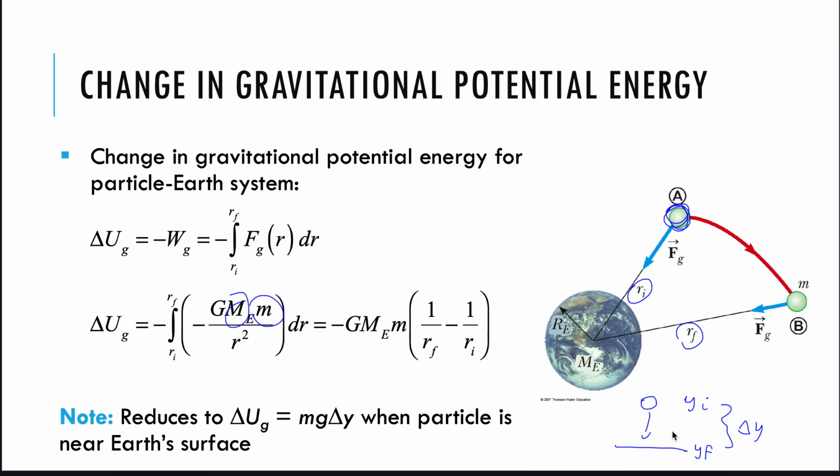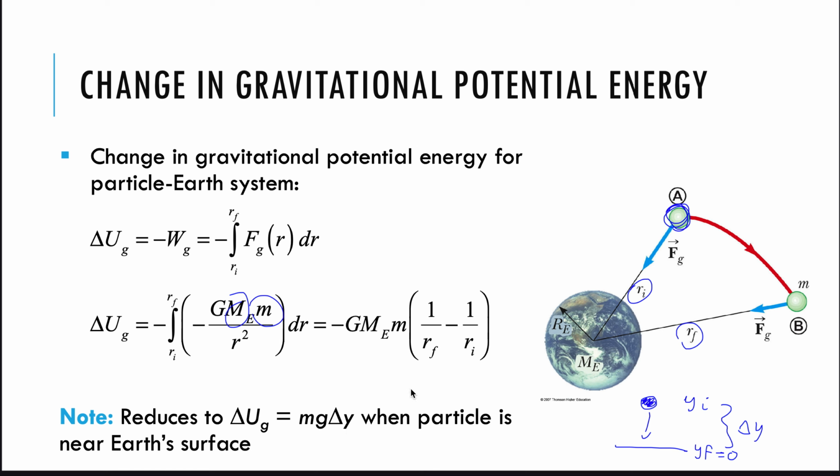Now, we always said, well, let's pick a reference level, where y was equal to 0. So we said y final equals 0, for instance, if there's an object falling. And then we would just say the potential energy of this object, relative to the surface, was just equal to mgy initial.